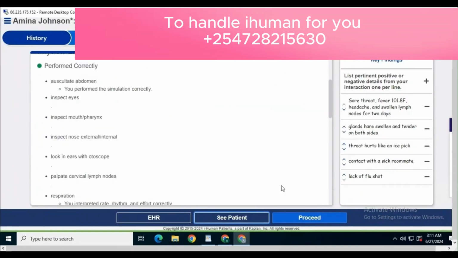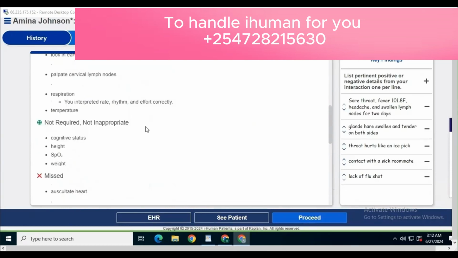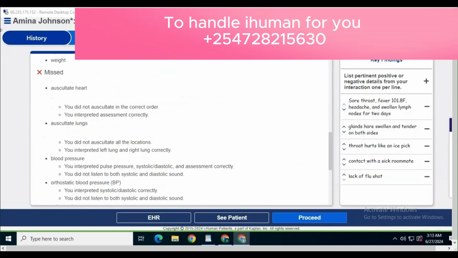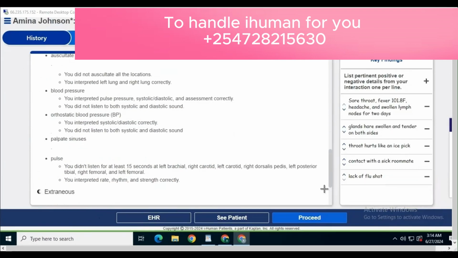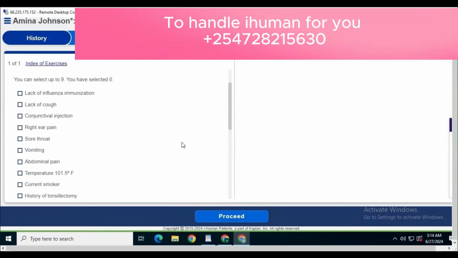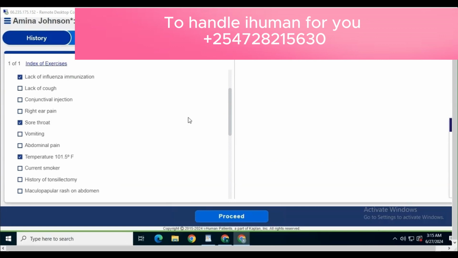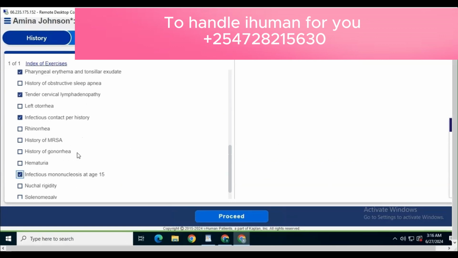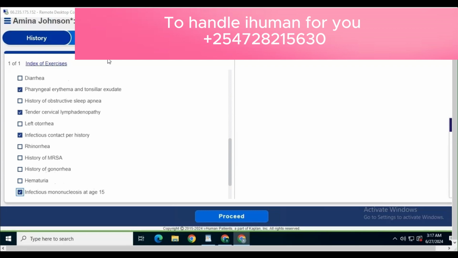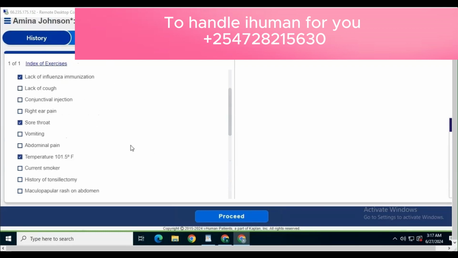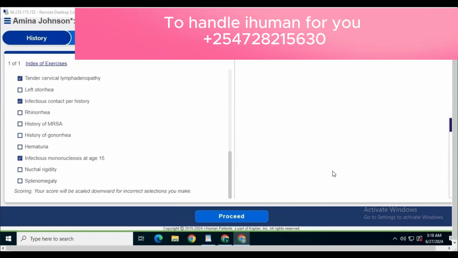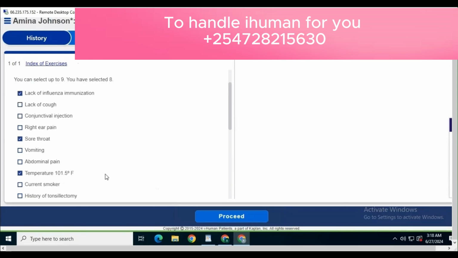Now again, I missed about 4 exams which I either did partially or didn't do correctly. So then there was also an exercise after, which is also part of the physical exam. It basically required you to identify some of the symptoms that must have been observed through physical exam.